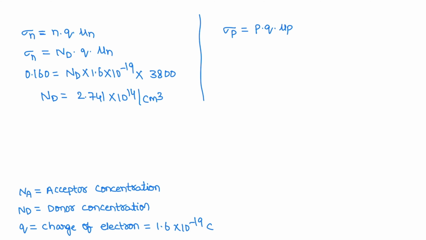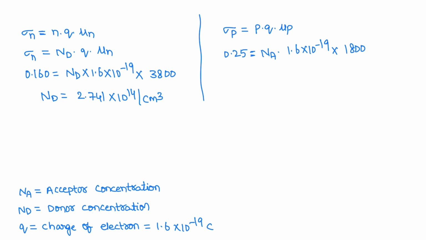Similarly, sigma p is 0.25. We need to calculate the p, that is acceptor concentration. q is 1.6 into 10 power minus 19, that is charge. Mobility of hole is 1800 centimeter square per volt second.